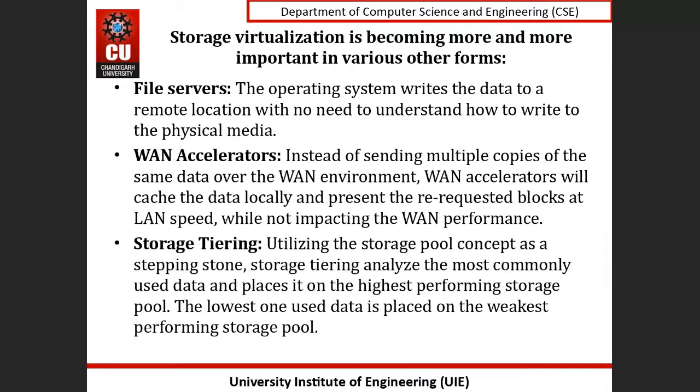That means if anyone needs anything, it will cache it, and fulfill the requests of the data within the same local area network, instead of using the high-speed WAN networks. It internally caches it and fulfills the requirements of the local area network.